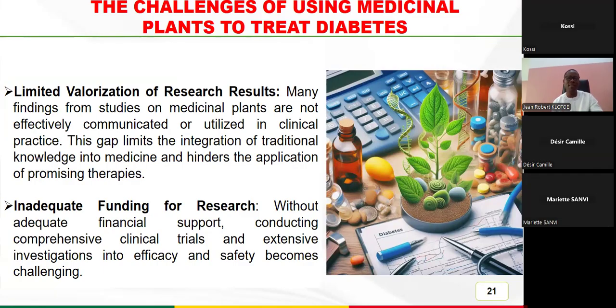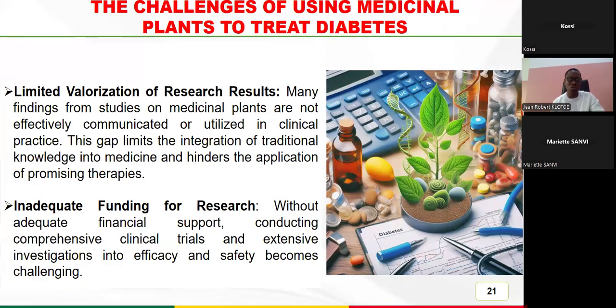We have many studies, but the effectiveness of this research and the communication of the byproducts of this research are not really visible. We have a gap between the number of research works produced and the number of products we have as a byproduct of this research.